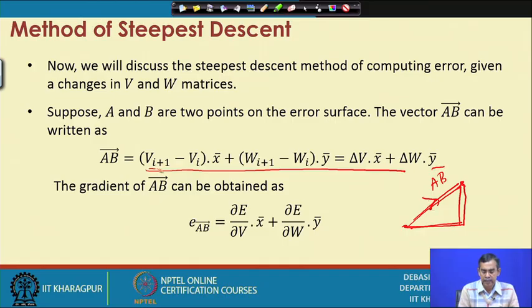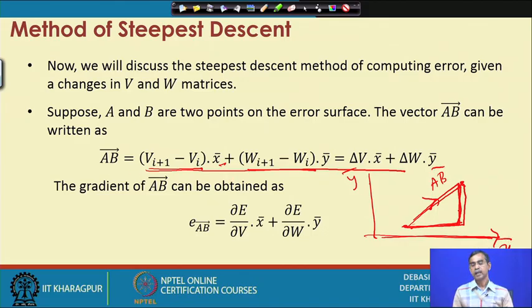So, here V_{i+1} minus V_i means this one into x, if it is the x direction, and then it is W_{i+1} minus W_i, this one, into y, if it is the y direction. So, it is basically x and y. If it is a 2 dimensional space, then any vector in the 2 dimensional space having the coordinate axes x and y can be represented in this form.